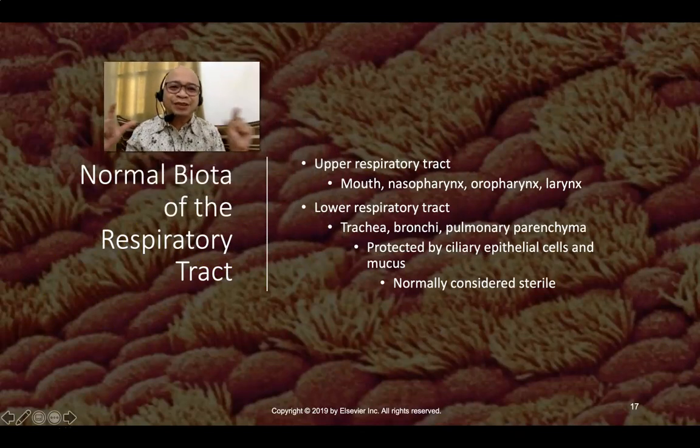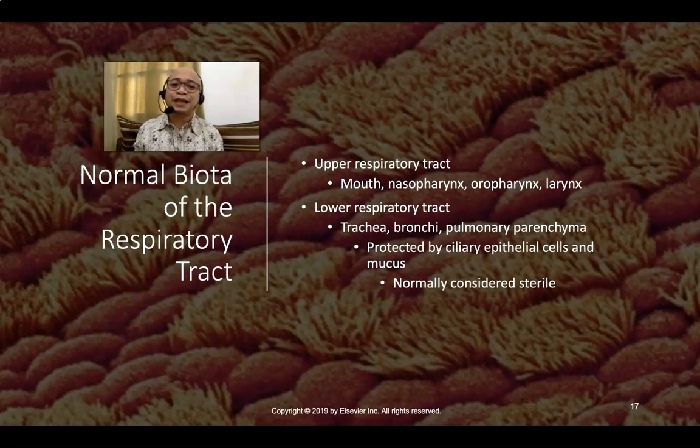Okay, so let's now proceed to the normal microbiota of the respiratory tract. So what you can actually see, okay, on the background is an example of the electron micrograph view of the nasal lining, wherein you'll be able to see cilia. So upper respiratory tract would include the mouth, the nasopharynx, the oropharynx, and the larynx, and then the lower respiratory tract would include the trachea, bronchi, pulmonary parenchyma.